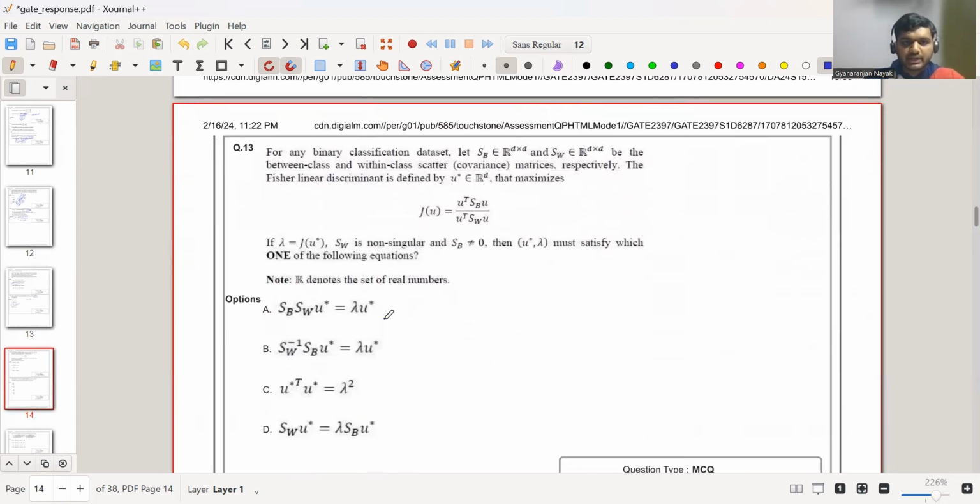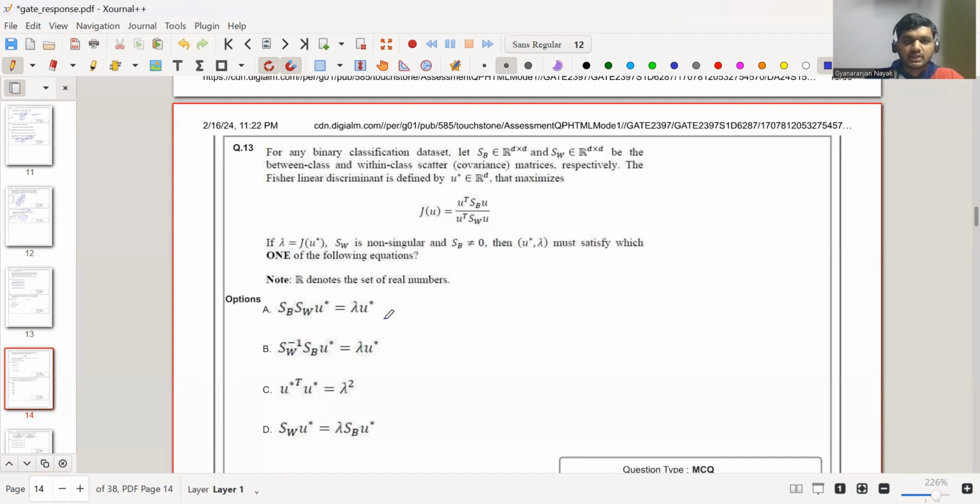So here, for any binary classification dataset, let SB belong to R, that is the between class scatter matrix, and SW also in R, be the between class and within class scatter covariance matrices respectively.